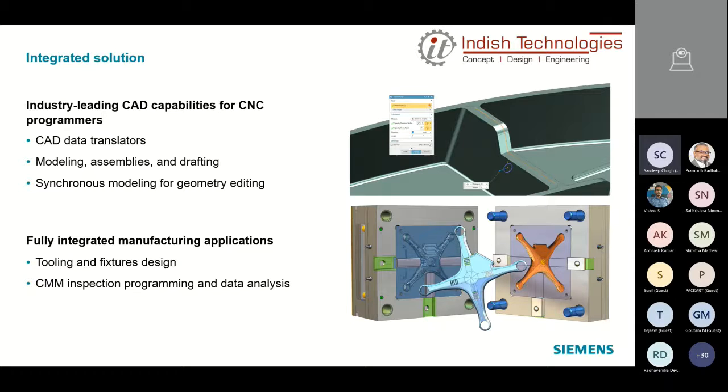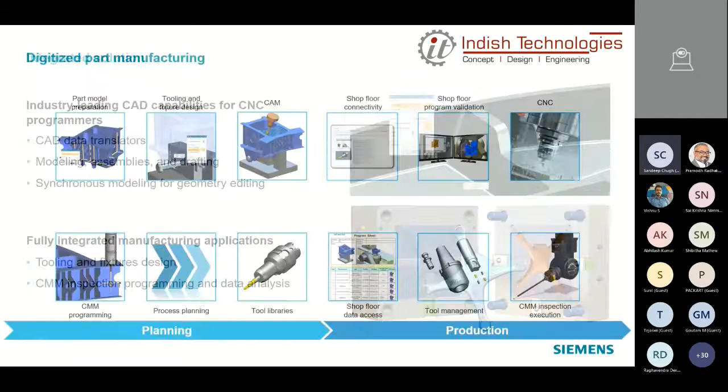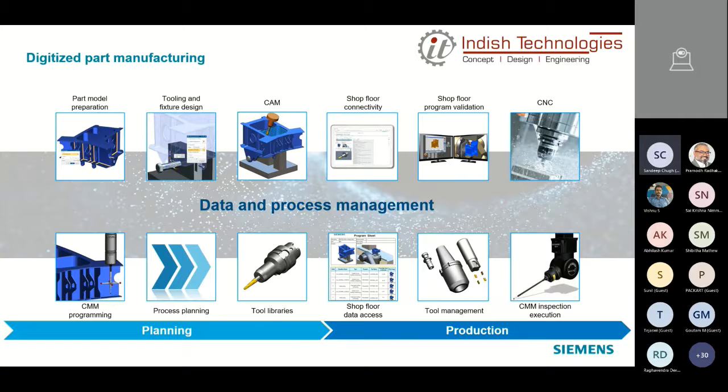I'll not repeat it, but yes, we have the complete package for everything required in any manufacturing industry, whether it is part model preparation, fixturing, CAM, shop floor connectivity, documentation, CMM program generation, robotic machining, all closely knitted together. NX, because it has a complete portfolio, has an edge.